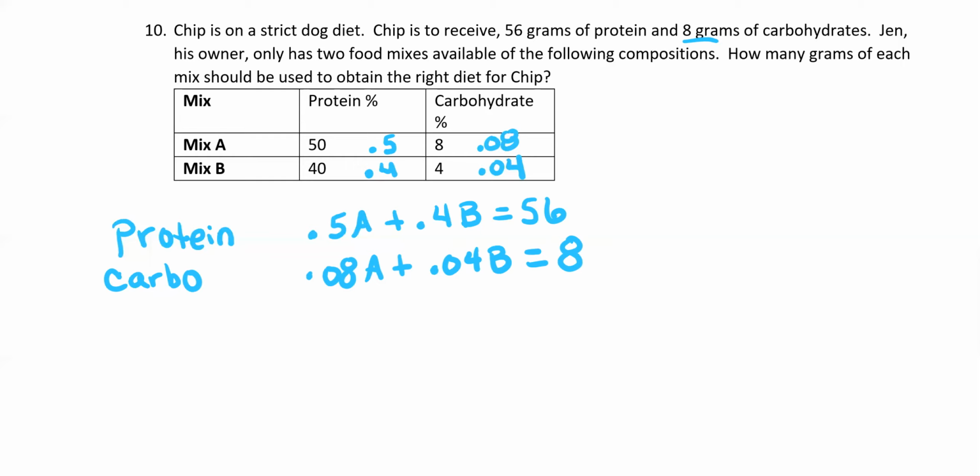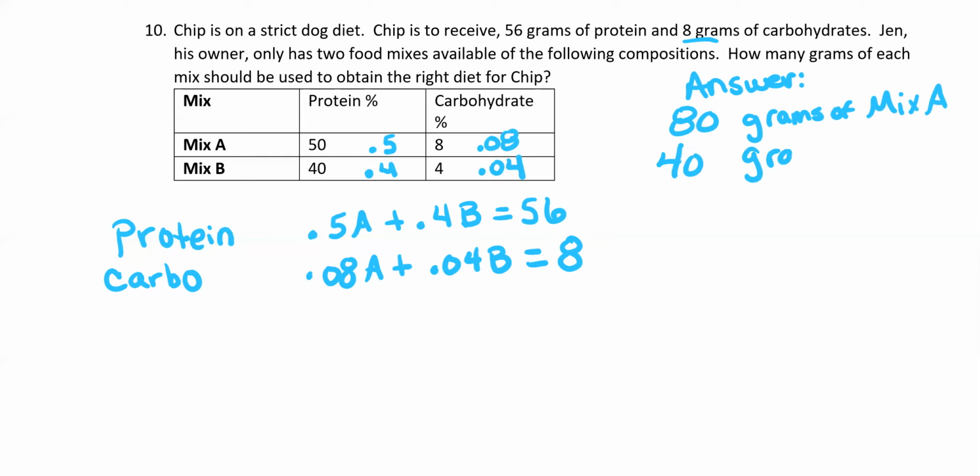You can use substitution or elimination. And the answer, Chip needs 80 grams of mix A and 40 grams of mix B.